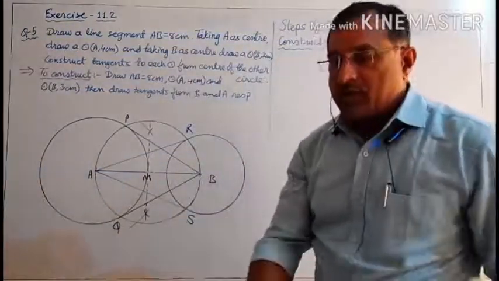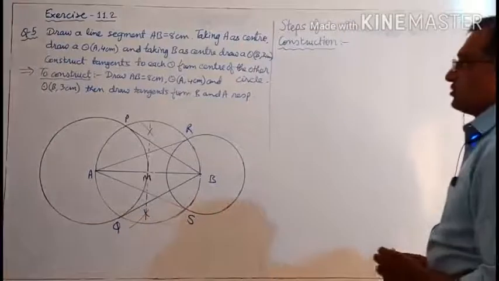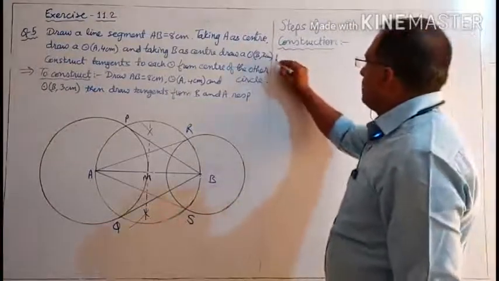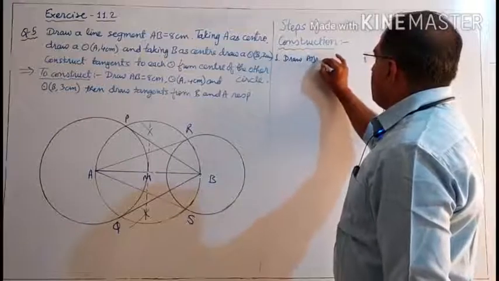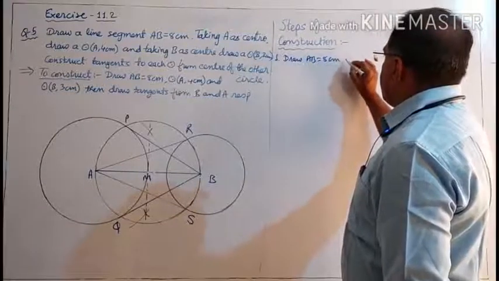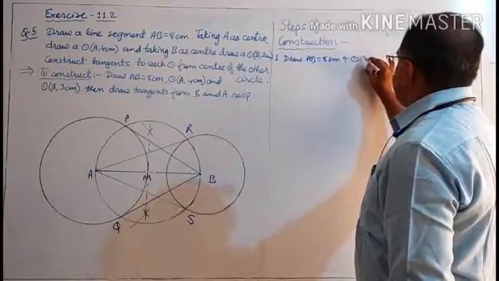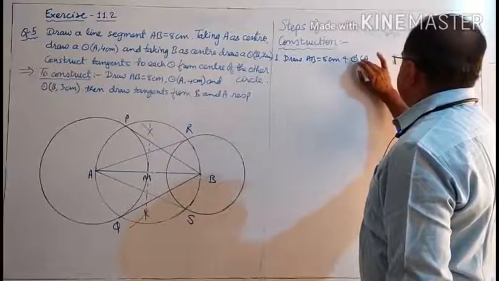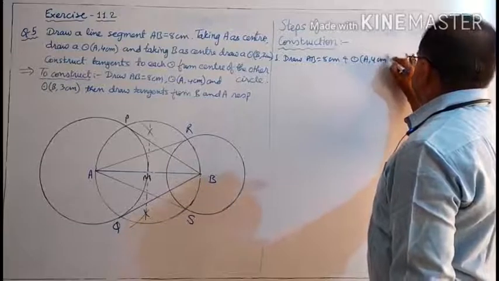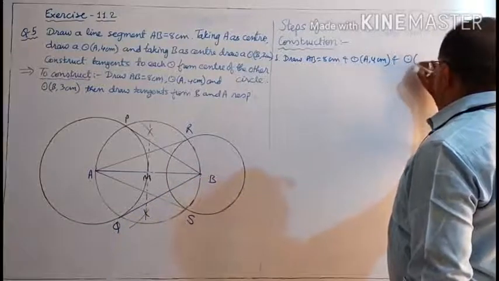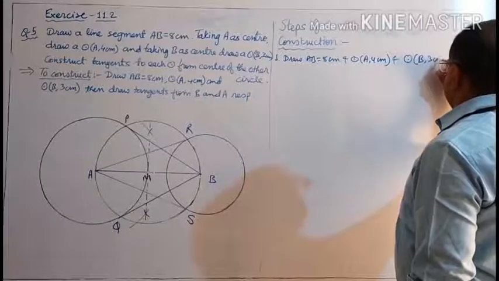So now let us write steps of construction for this. So first of all, draw line segment AB 8 centimeter and circle with center A and radius 4 centimeter, and circle with the center B and the radius 3 centimeter.